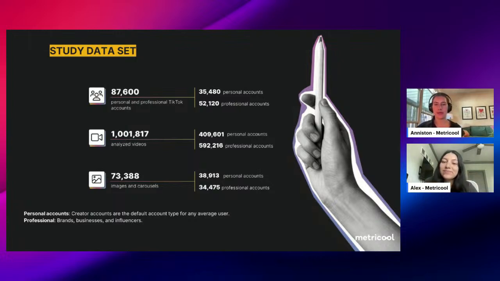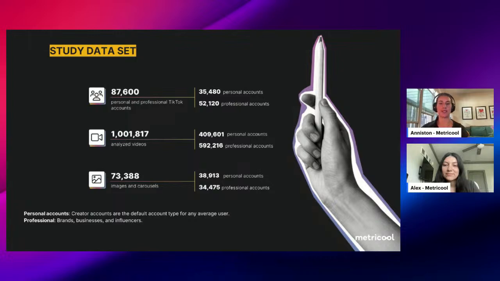Perfect. Okay, so this is the study data set. All of the posts and accounts that we analyzed, you can see the breakdown. In this, we analyzed both personal and professional accounts. To break that down even further, creator accounts are the default account type for any average user.